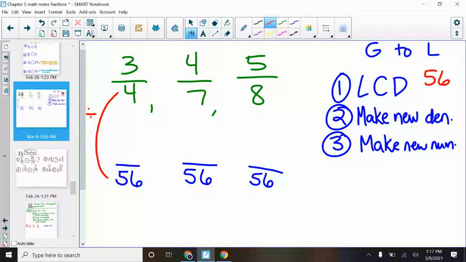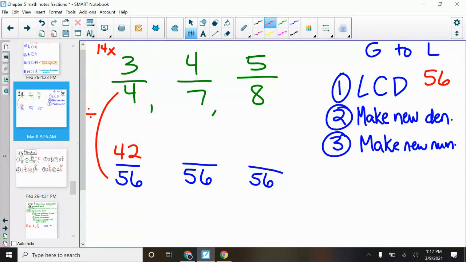Divide them. 56 divided by 4 is what? 14. You take that 14 and times it by that 3 that you have from up above. What's 14 times 3? 42.